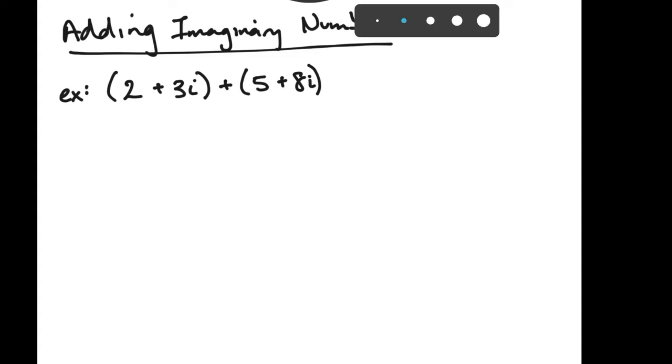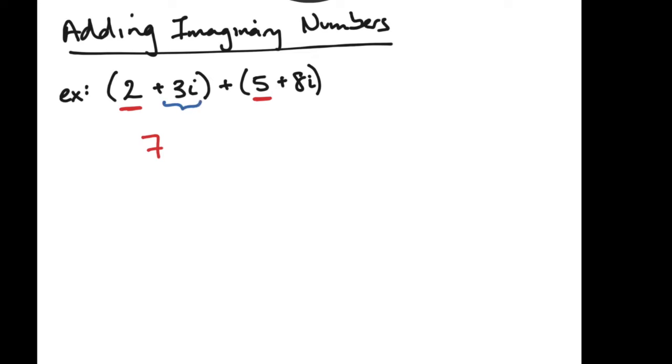Well, we are just really combining like terms. So 2 plus 5 is 7. 3i plus 8i is just 11i. Remember that since we're just adding, the exponent does not change. Because this one has an i right here and the 7 does not, we cannot combine like terms. So that means our answer is just 7 plus 11i.